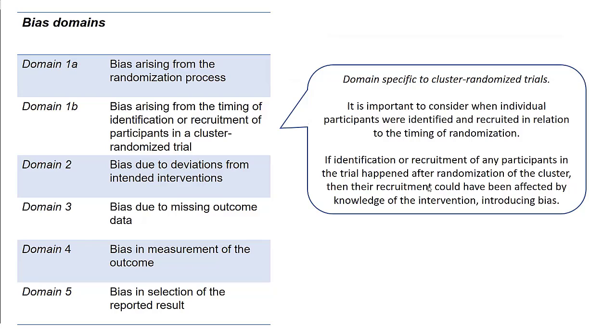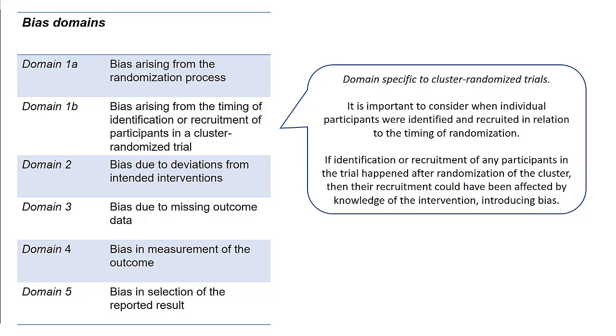This second domain here is specific to cluster randomized trials, and it's looking at bias arising from the timing of identification or recruitment of participants in the cluster randomized trial. What commonly happens is that, as I said, all the clusters are recruited and randomized to receive the intervention and control groups, and then once the trial has commenced, the participants are recruited.